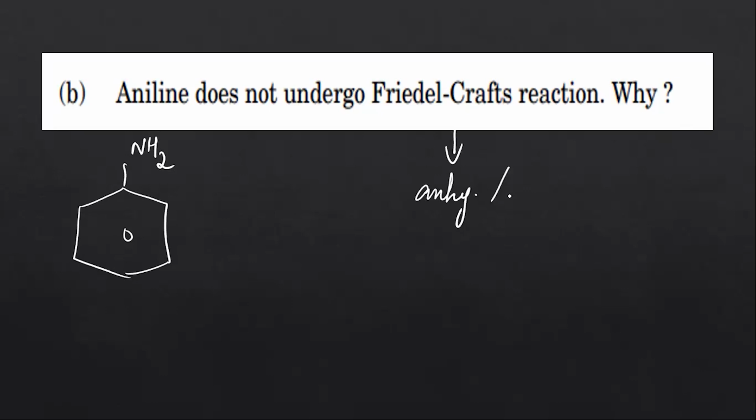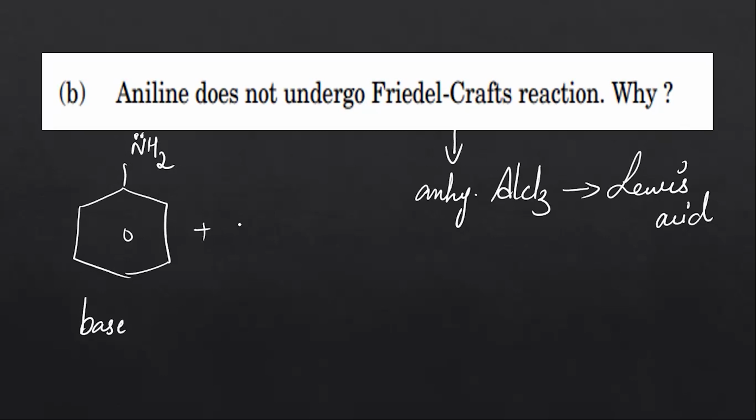We are using anhydrous aluminum chloride, which is a Lewis acid because it lacks electron pairs, an electron pair acceptor. Here nitrogen in aniline has a lone pair of electrons, so it acts as a base. So it will react with this aluminum chloride.